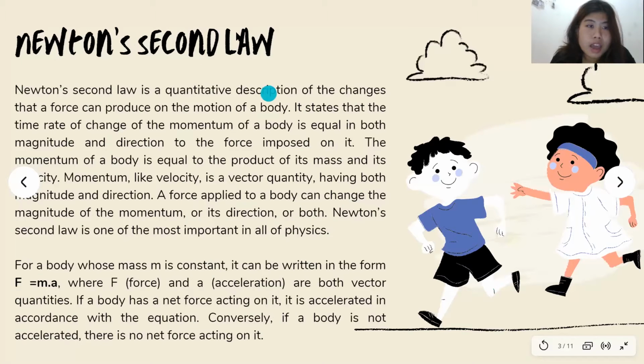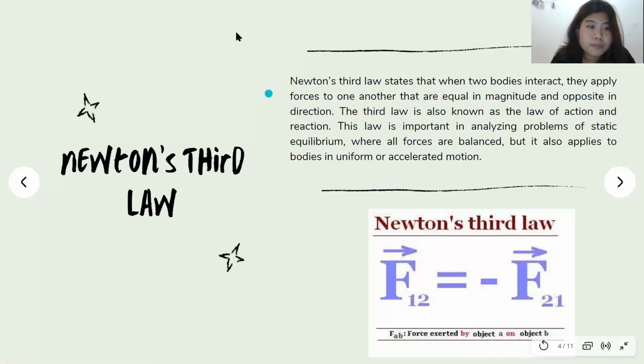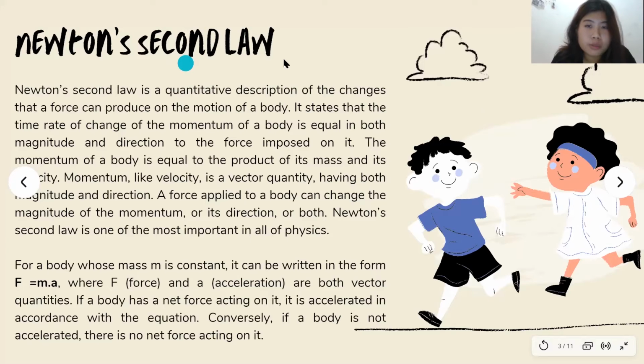And next, Newton's second law. Newton's second law is a quantitative description of the change that a force can produce of the motion of a body. It states that the time rate of change of the momentum of a body is equal in both magnitude and direction to the force imposed on it.